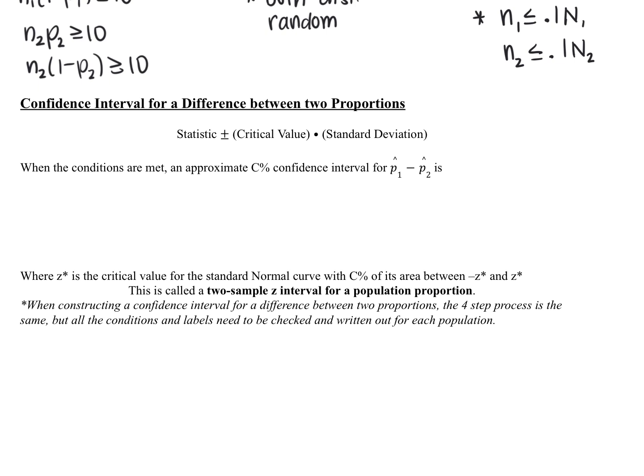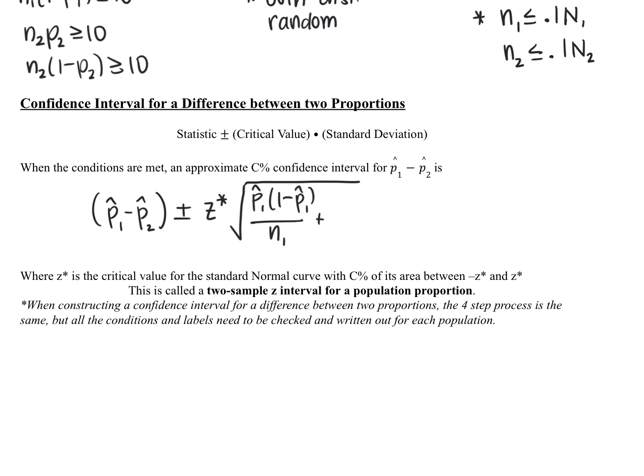So as long as the conditions are met, the confidence interval for a difference in proportions, P1 hat minus P2 hat, is P1 hat minus P2 hat in parentheses, plus or minus our Z critical value times our standard deviation, the square root of P1 hat times 1 minus P1 hat all over N1 plus P2 hat times 1 minus P2 hat all over N2.